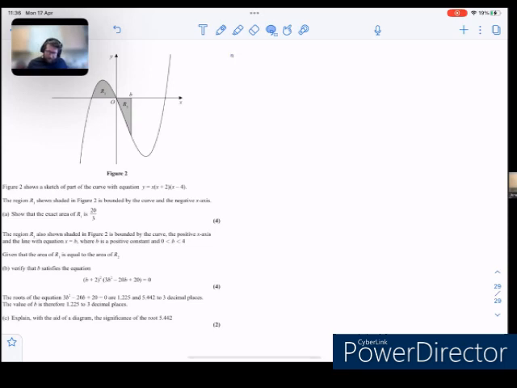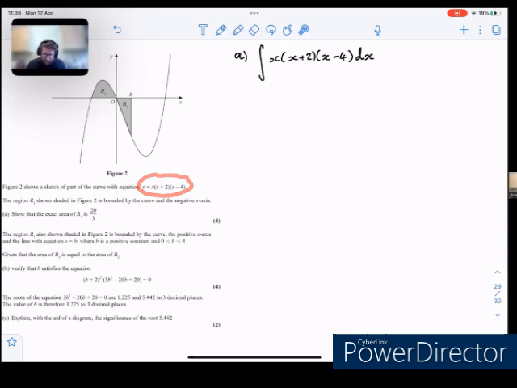So in order to find R1, we need to integrate the function, don't we? So we're integrating x. This is the function that we're integrating, sorry. And we need to find the limits. Now, that's relatively easy because this is all factorized.